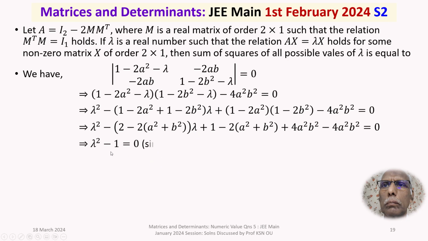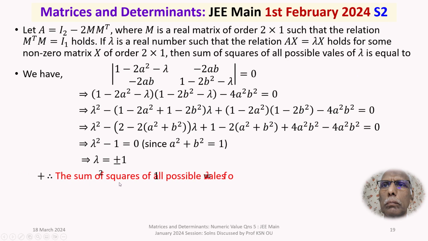When you simplify, you will get lambda square minus 1 is equal to 0, because we have used a square plus b square is equal to 1. Now the lambda values are lambda is equal to plus or minus 1. So what is it that we want? We want the sum of the squares of all possible values of lambda.